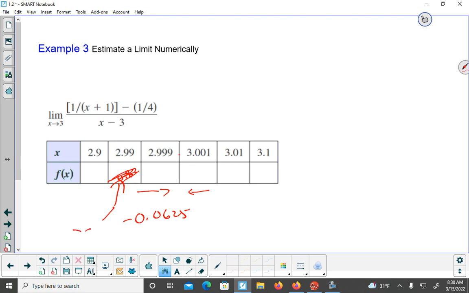And this one was negative 0.0621. This one.